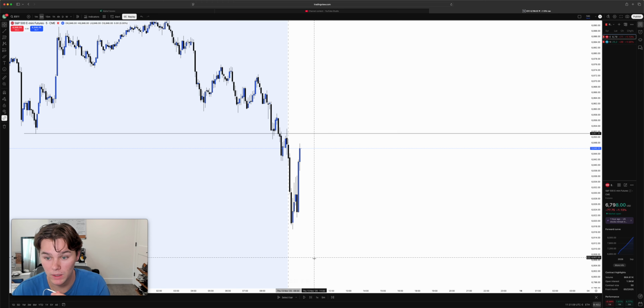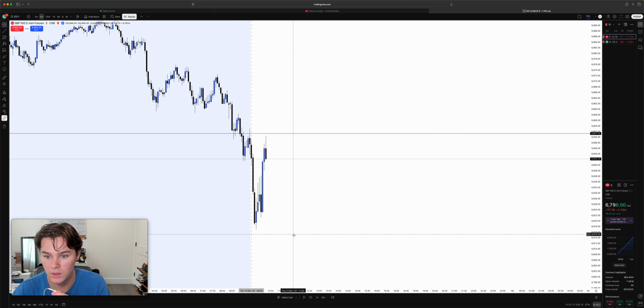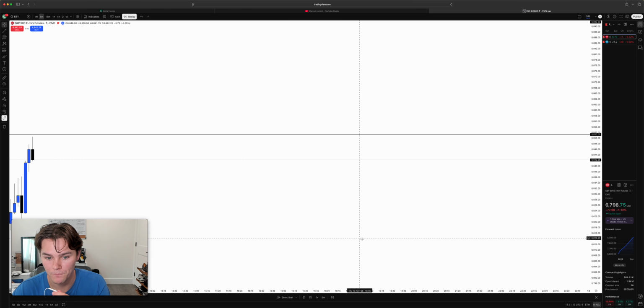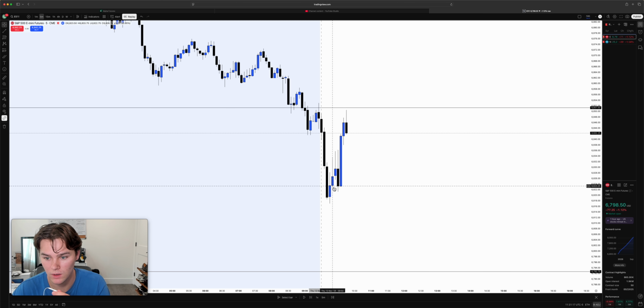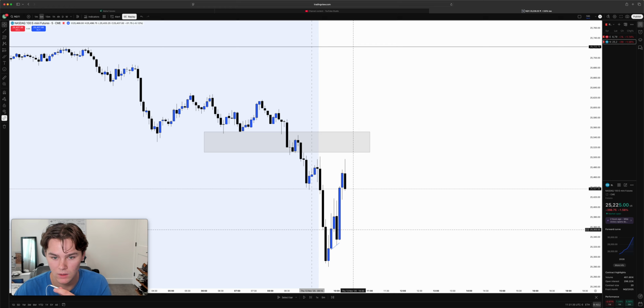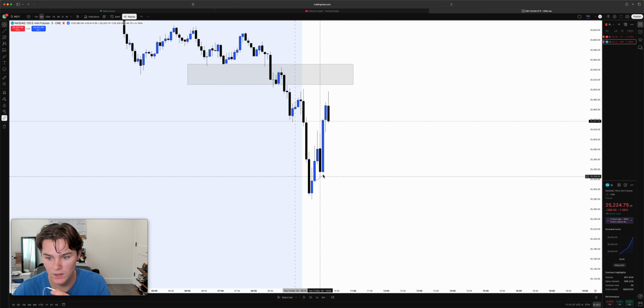And what's really good is that on these 5-minute candles, from 9:50 to 10, we make an SMT on Nasdaq and on ES. ES is making lower lows, whereas on Nasdaq we make these higher lows.